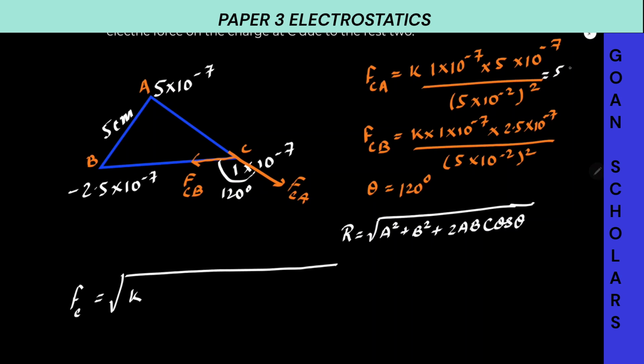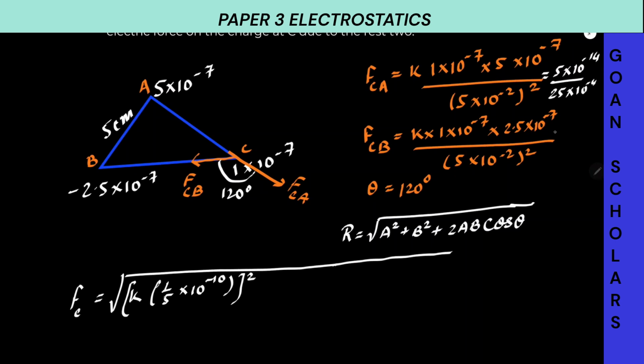So 5 into 10 to the power minus 14, correct? Whole divided by 25 into 10 to the power minus 4, correct? So K into 1 by 5 into 10 to the power minus 10, whole square. I hope this is clear. First parameter square.